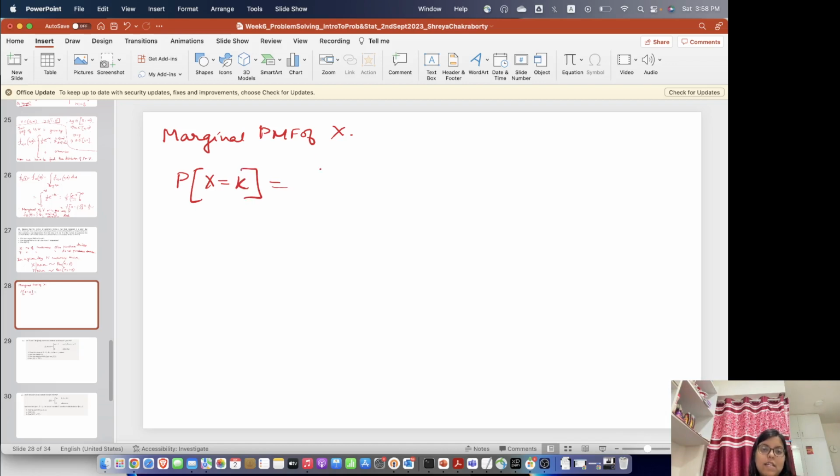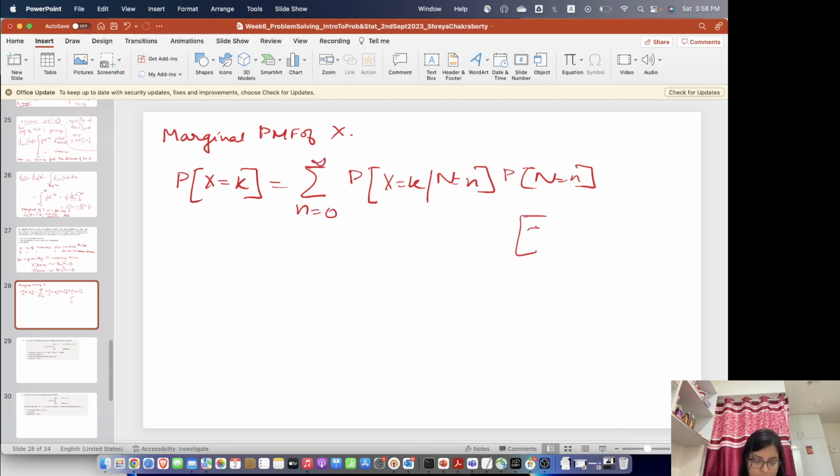So we can write it as the summation of probability x equal to k given n equal to n, into probability n equal to n, where n can range from 0 to infinity. This can be written by the law of total probability.